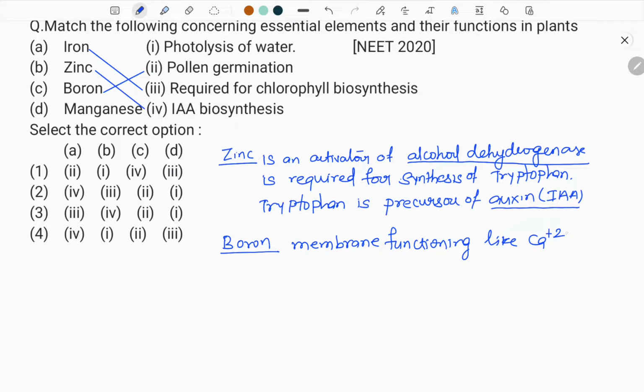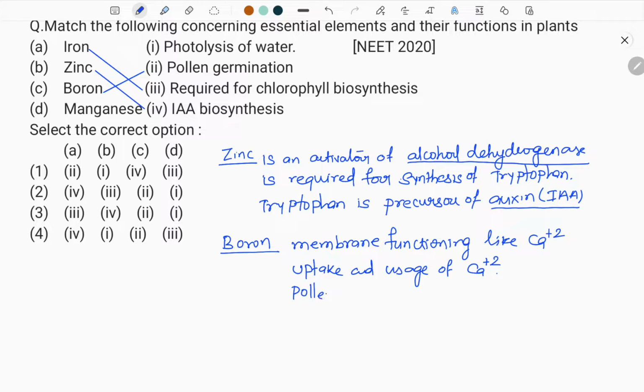Do remember that boron and calcium both are meant for membrane functioning, and boron is required for uptake and usage of calcium. Uptake and usage of the calcium are both very important, and boron is helpful for another one, that is pollen germination.